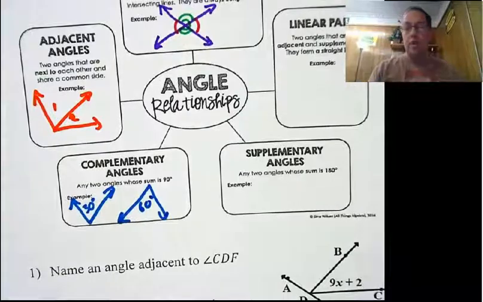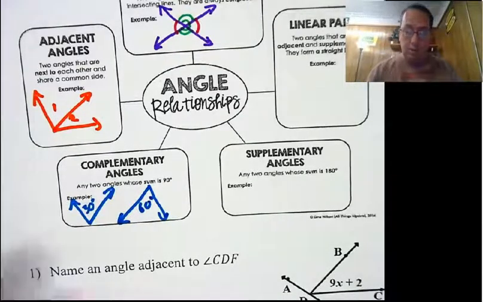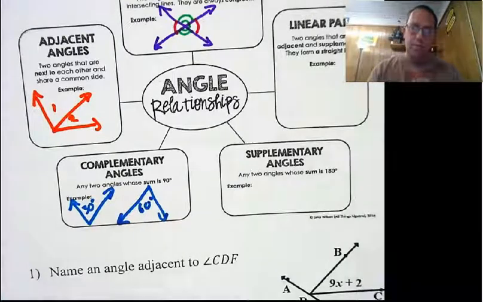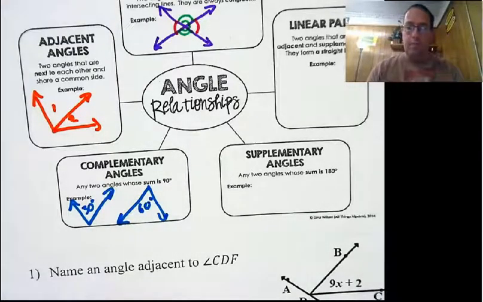Complementary angles do not have to be next to each other, but we can see 30 plus 60 equals 90, and so these are complementary angles. They can be anywhere we want. It doesn't matter as long as they add up to 90 degrees.